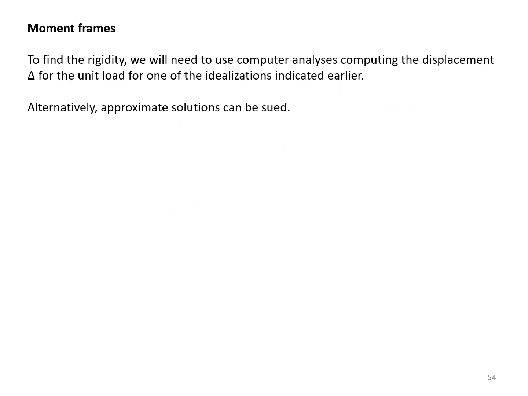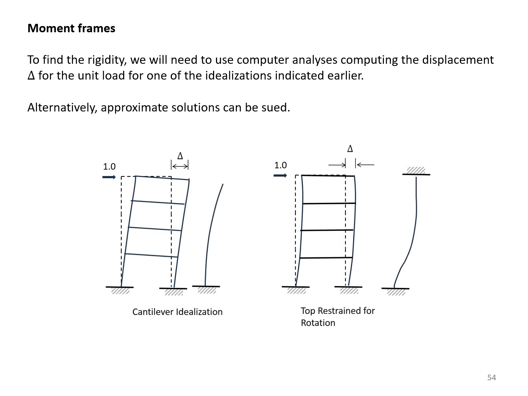How about moment frames? In this case, we apply a unit load and find delta, and we can use a computer analysis. Alternatively, we can use an approximate solution. But again, the two idealized situations: cantilever idealization, and top restraints for rotations.